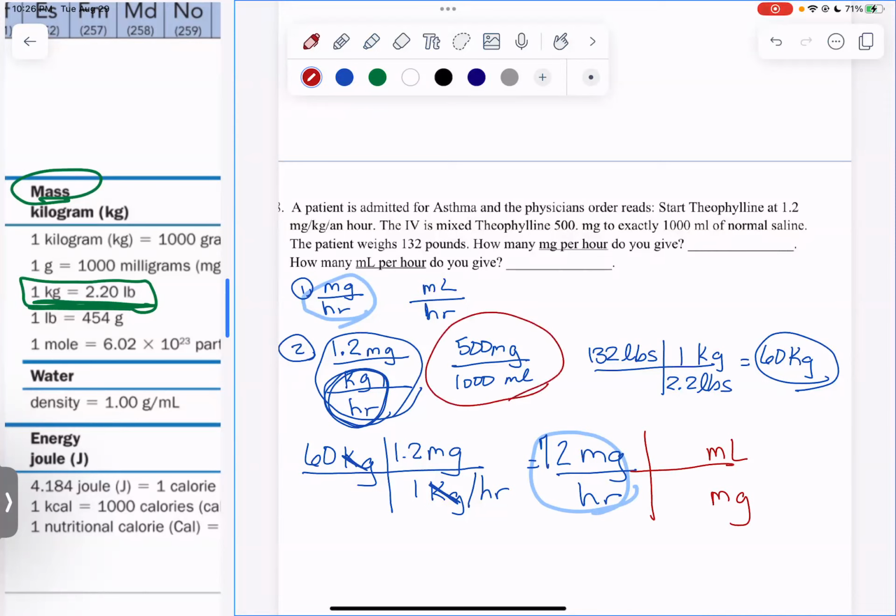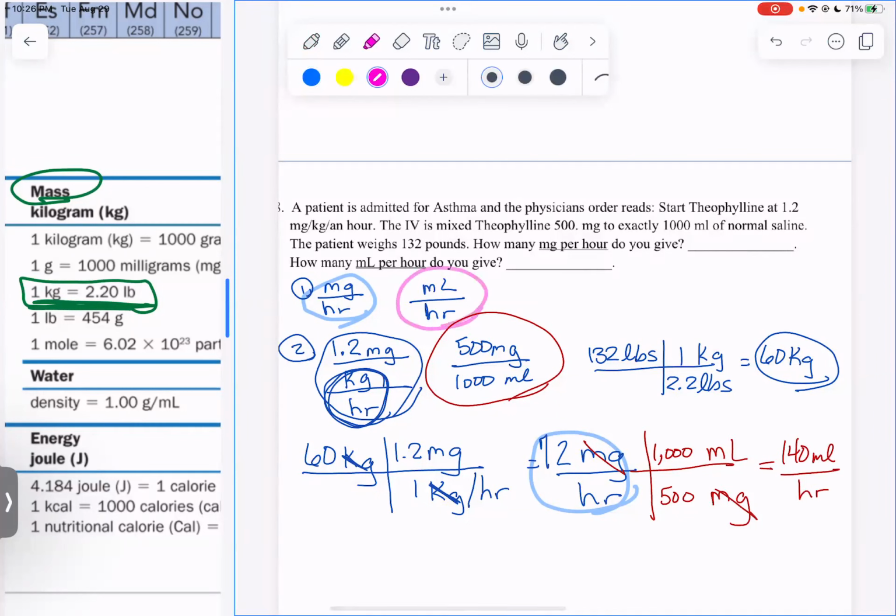I do right here. I have 500 milligrams per 1,000 milliliters. And so my milligrams will cancel, and I get 140 milliliters per hour. And so that is my milliliters per hour, and I'm good.